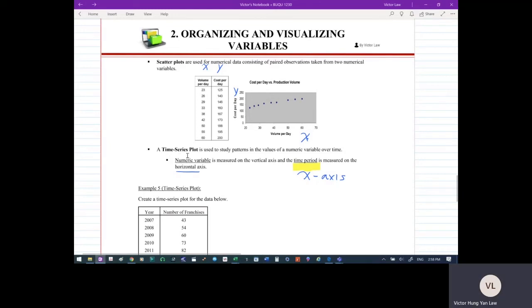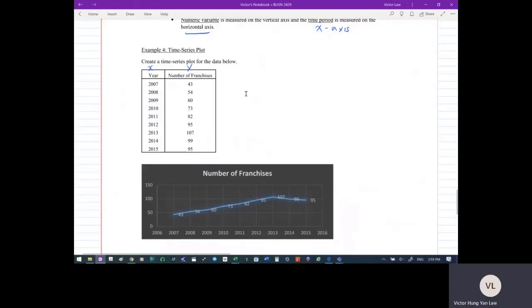Next is the time series plot. For the time series plot, the only difference is that your time period is now your x-axis, on the horizontal axis, and on the y-axis you have another variable. In this example, we have two columns of data. Column 1 is your year, column 2 is the number of franchises.